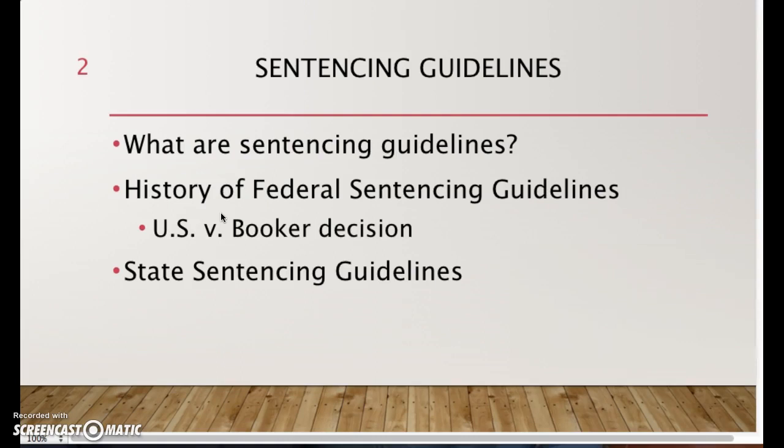Now judges are allowed some level of flexibility in considering not only the nature and seriousness of the crime, but the defendant's prior criminal history when determining a sentence. So now the judges have some latitude in terms of deviating from the sentencing guidelines.